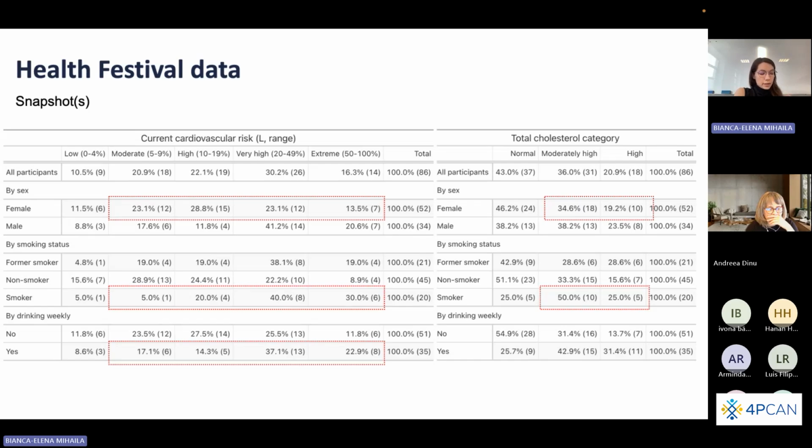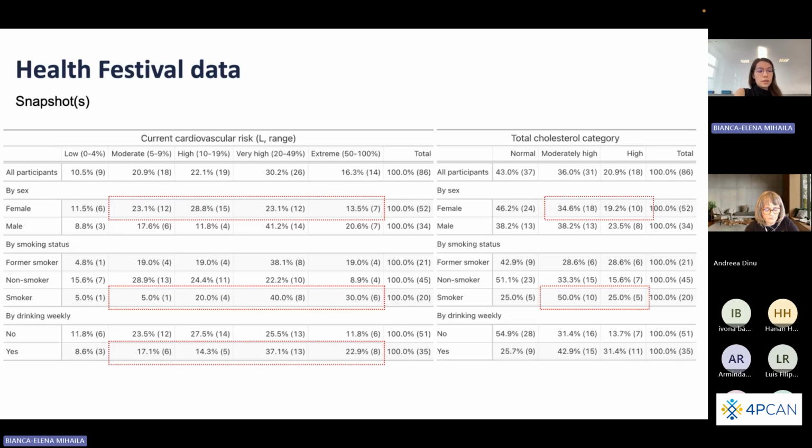When we combine cardiovascular risk with cholesterol levels, we can see, unfortunately, a clear pattern, but even though this one is a warning signal, it is also an opportunity.